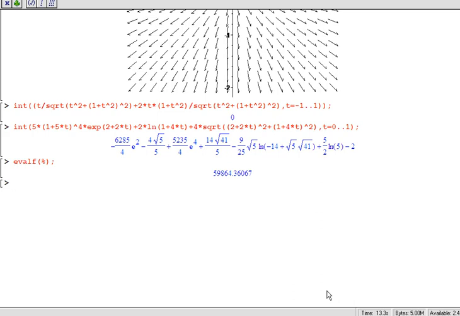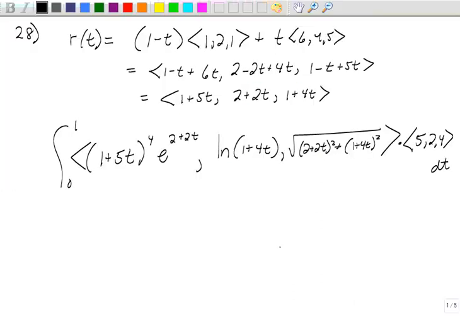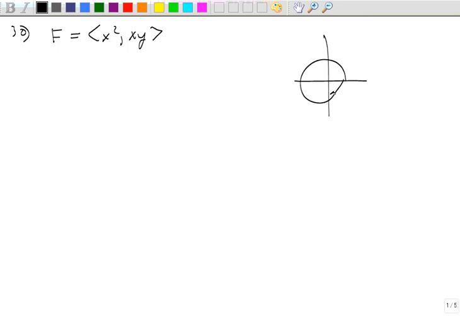Okay, one more. Let's look at number 30. I have f is x squared, xy, and the circle is radius 4.